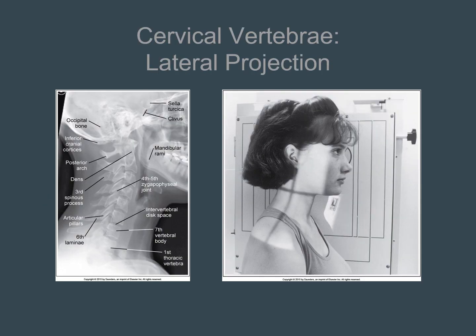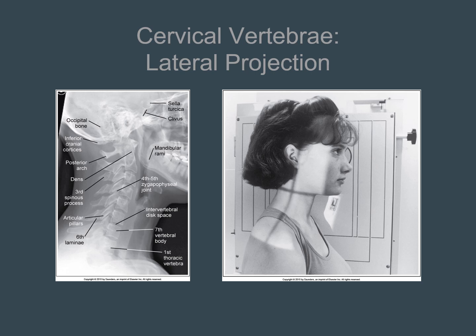Radiographic image analysis guidelines for a lateral C-spine include that the anterior and posterior aspects of the right and left articular pillars and the right and left zygapophyseal joints of each cervical vertebra should be demonstrated as superimposed.